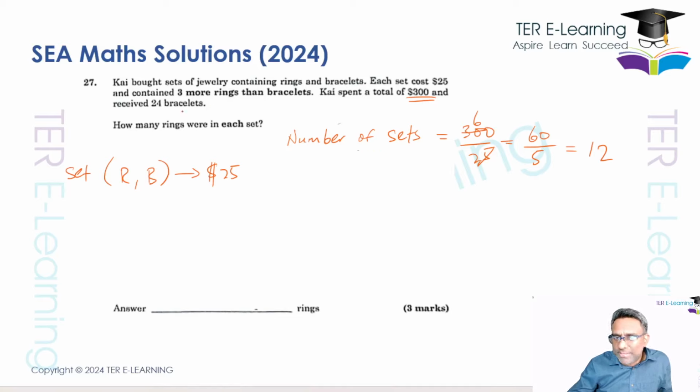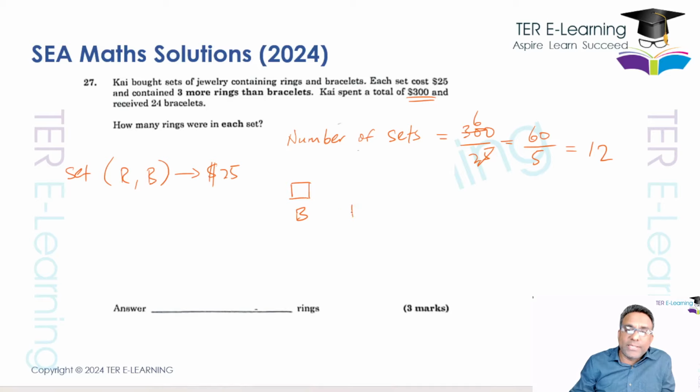Now the thing is, in the question they said that each set contains 3 more rings than bracelets, right? So let's say this represents bracelets.